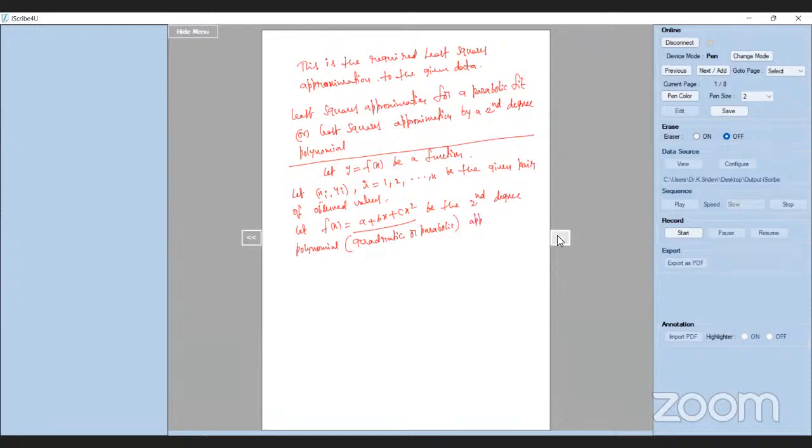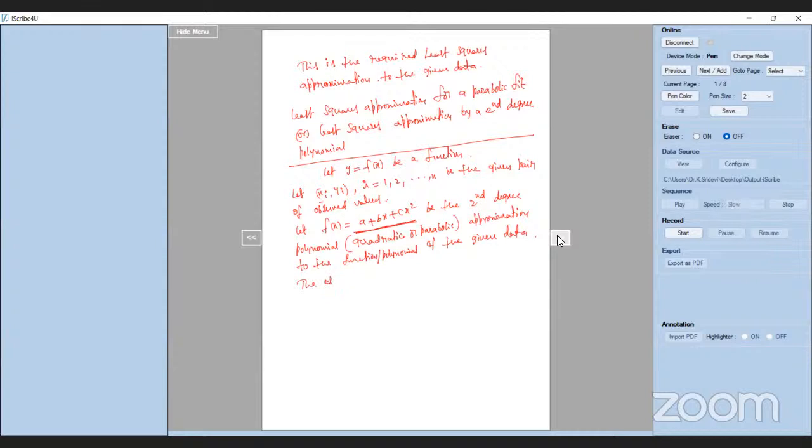This second degree polynomial is the approximate polynomial to the function of the given data. So here we are assuming this one.